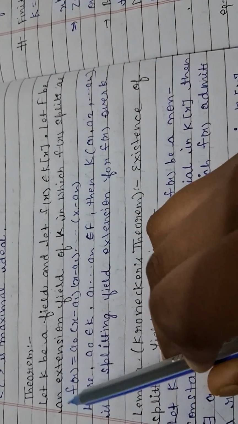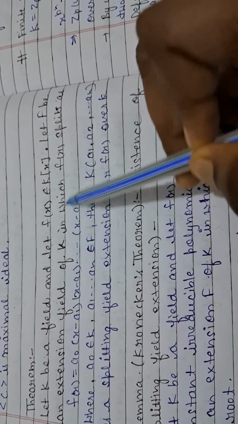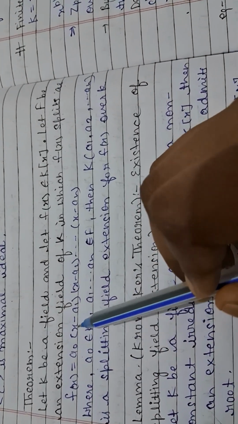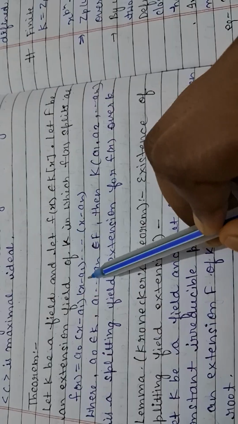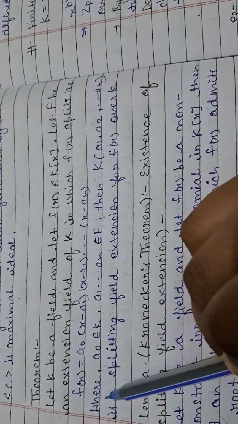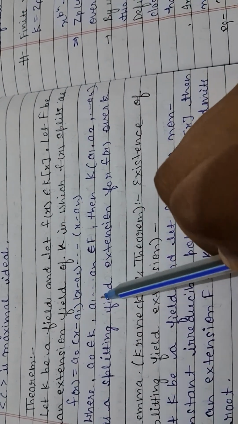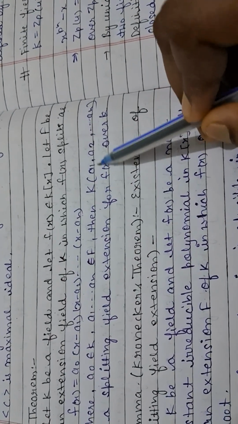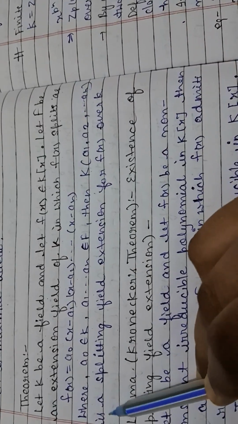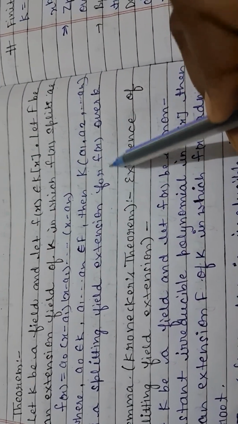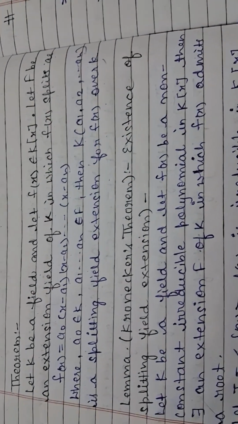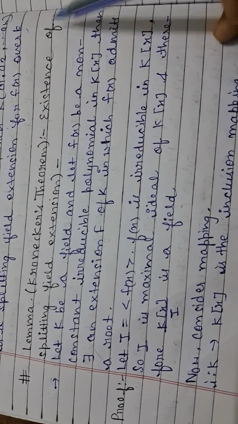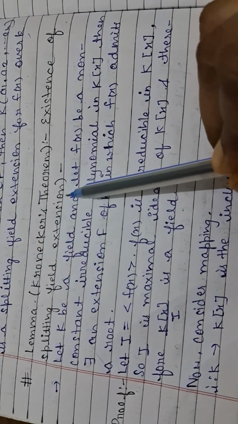Let F be an extension field of K in which f(x) splits as f(x) = a0(x - a1)(x - a2)...(x - an), where a0 belongs to K, and a1, ..., an belong to F. Then K(a1, a2, ..., an) is a splitting field extension for f(x) over K. Now lemma, Kronecker's theorem, existence of a splitting field extension.